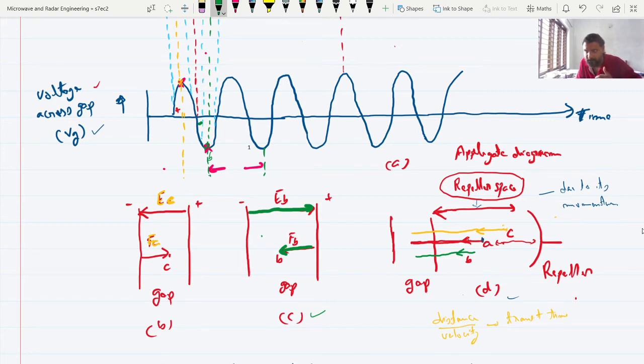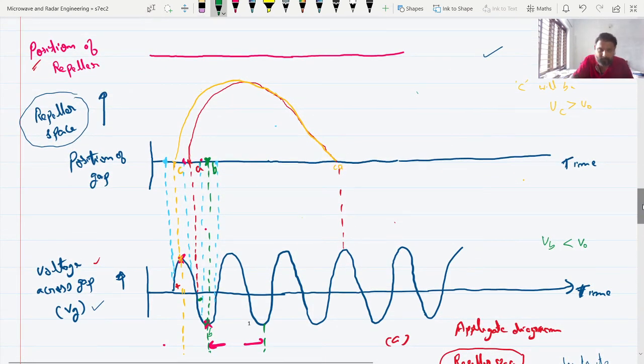It gets so adjusted that this electron B arrives at the gap the second time at the same instant as electrons A and C. Thus these three electrons, A, C and B, will get bunched together. So I draw that also.